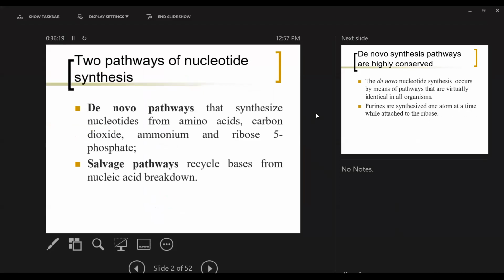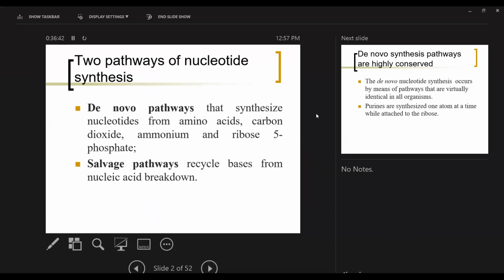There's two ways to make nucleotides. Salvage pathways, de novo pathways. De novo means you make them from scratch. Salvage pathways means you're going to use bases from the degradation of nucleic acids and you recycle them.